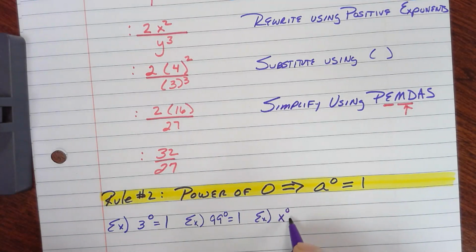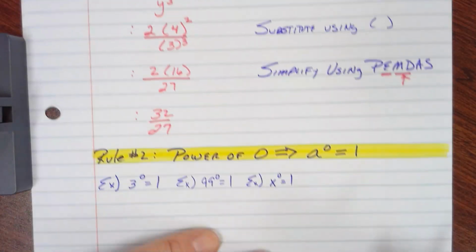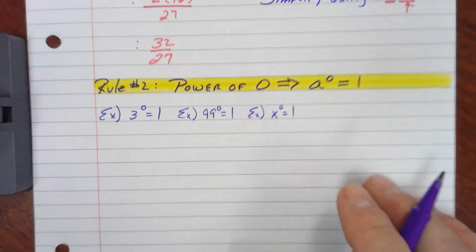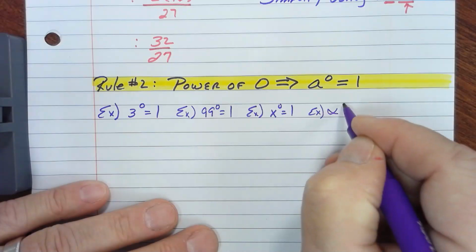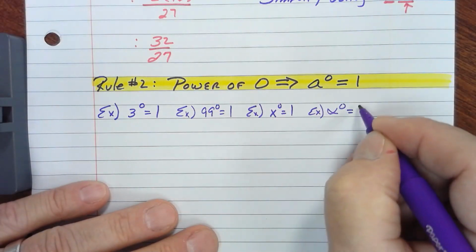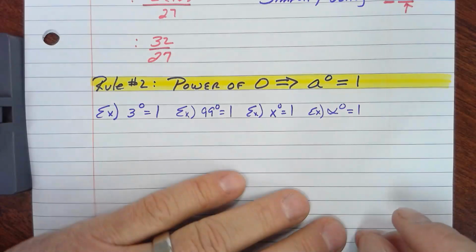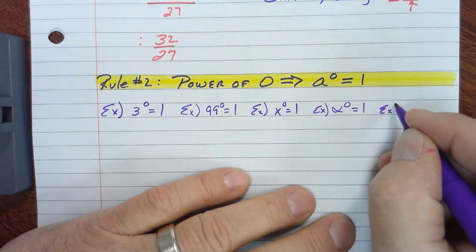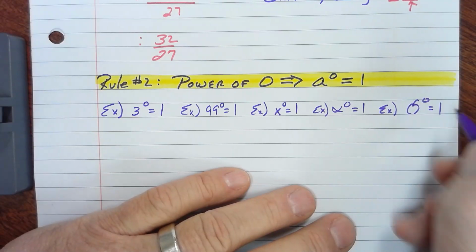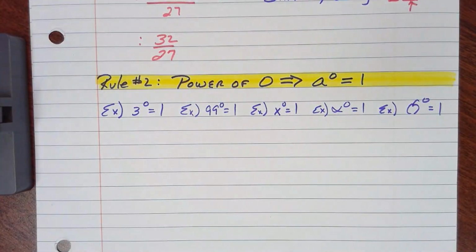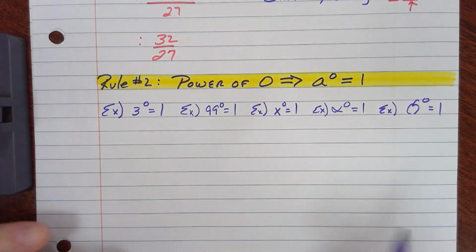X raised to the 0 power is 1. Theta raised to the 0 power is equal to 1. An apple raised to the 0 power is equal to 1. Anything you can think of raised to the 0 power is equal to 1.